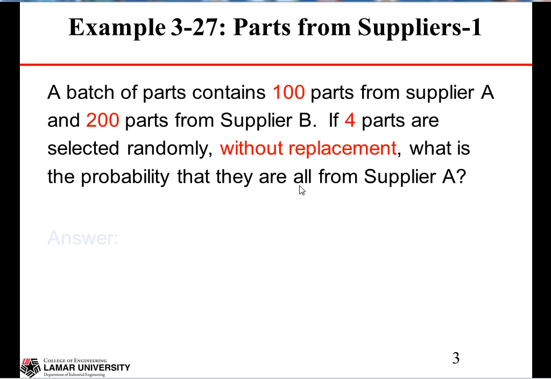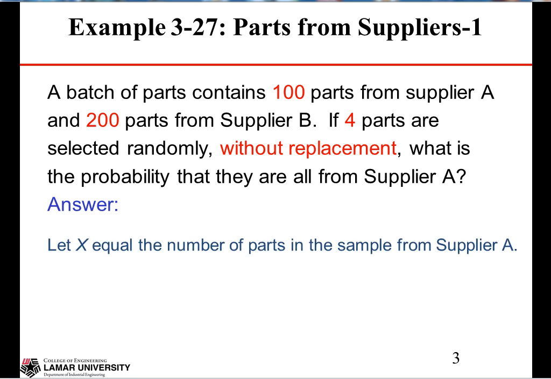If I translate it to a problem statement, we define the variable X as the number of parts in the sample from supply A. So X is the number of parts in the total of 4 parts that are from supply A. There are a lot of possibilities out there. You can have no parts from supply A, or 1, 2, 3, 4, and the question is asking for all 4 of them.